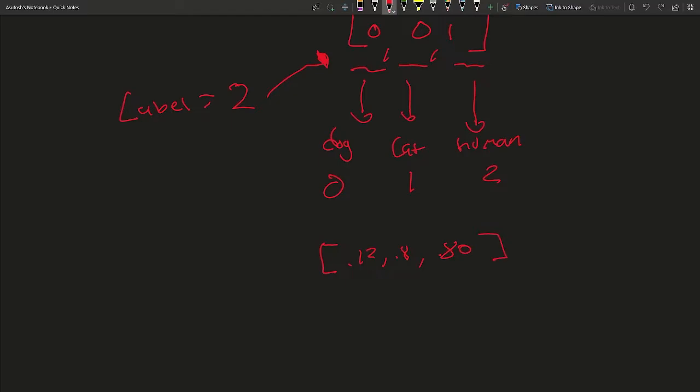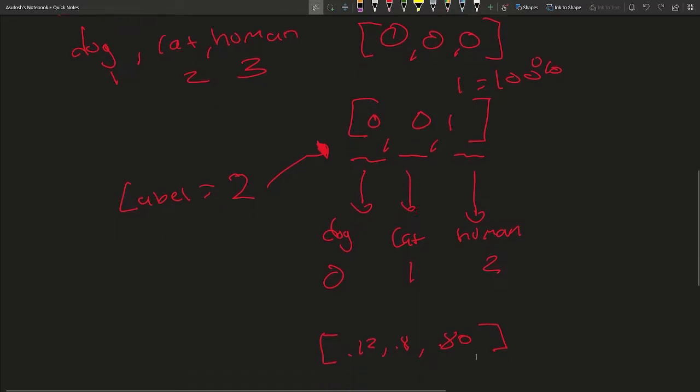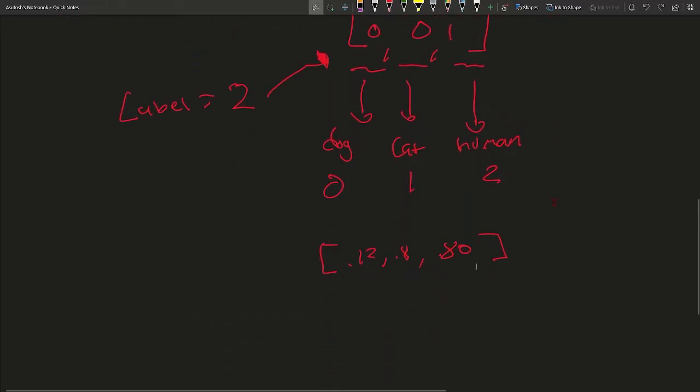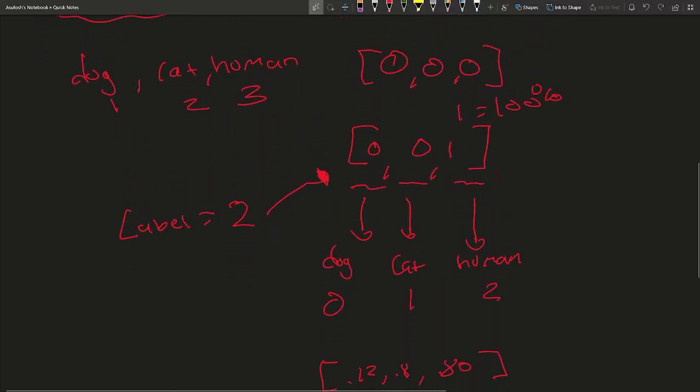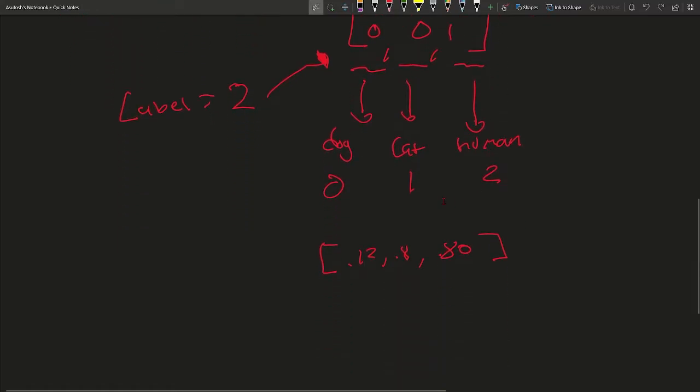And all these sum together to add up to 100%. But the computer isn't 100% confident that it's a human. Maybe it's only 80% confident. So this 0.80 represents that the computer is 80% confident that the data you passed is a human, because it's in the second index. And it's going to compare that 0.80 to this 1 up here, and then calculate loss based off of that.